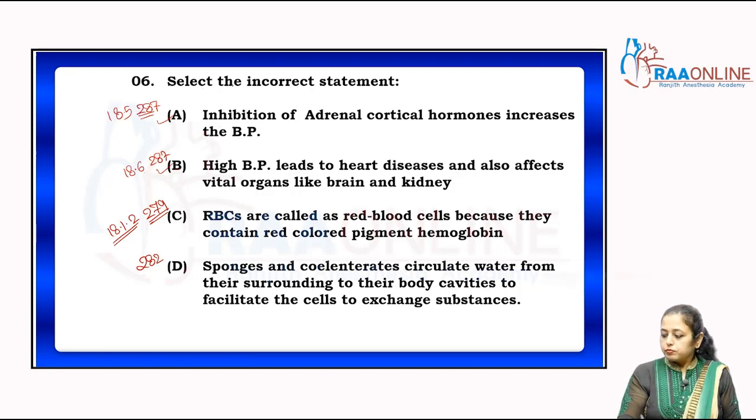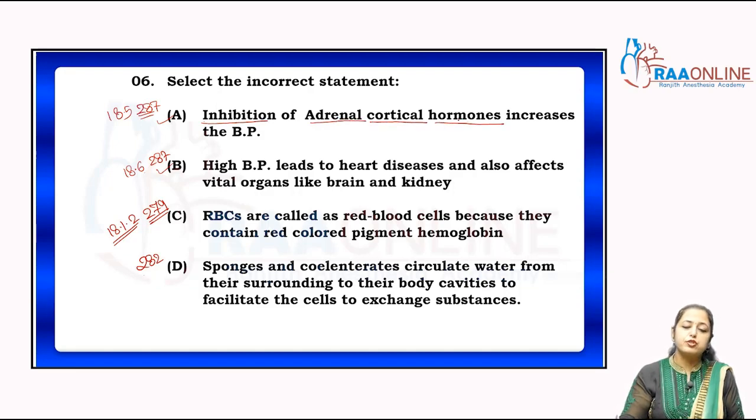Now they say select the incorrect statement, right? Inhibition, that means to inhibit the adrenal cortical hormones. That means if we stop the adrenal cortex hormones, like the mineralocorticoid, that is aldosterone, right? So it increases the BP.